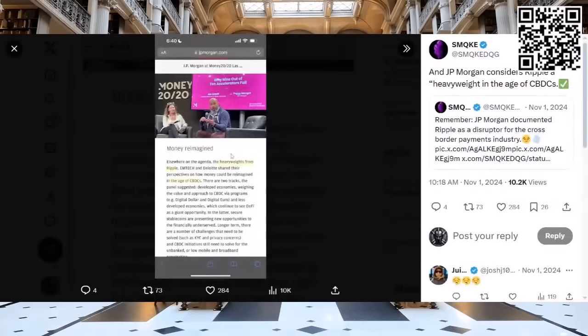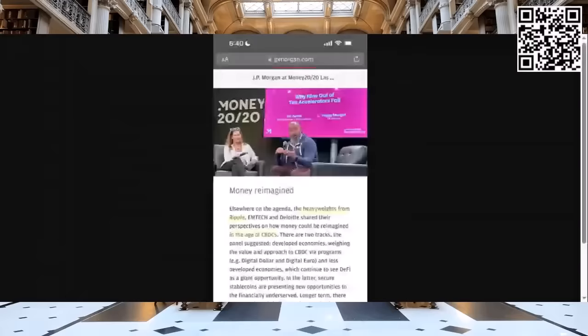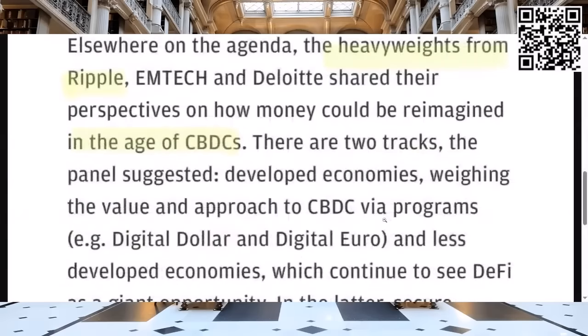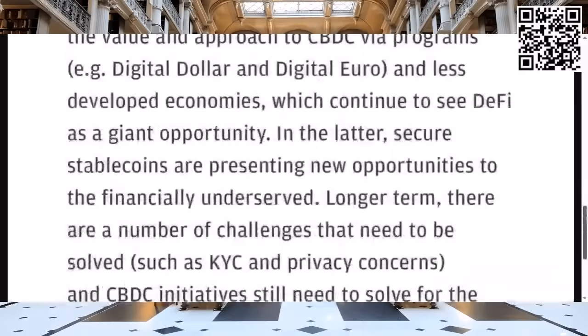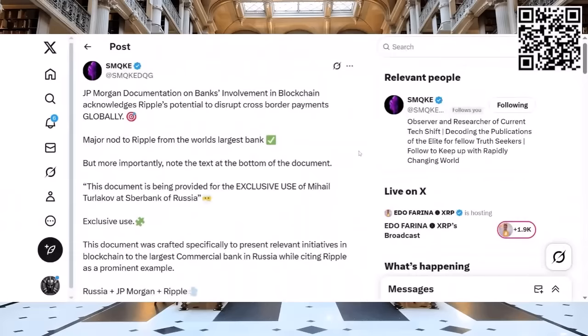Like it says here, elsewhere on the agenda, the heavyweights from Ripple, MTech, and Deloitte share their perspectives on how money can be reimagined in the age of CBDCs. When you get further into the documentation, as pointed out from Smoke, JP Morgan documentation on banks' involvement in blockchain acknowledges Ripple's potential to disrupt cross-border payments globally. Major nod to Ripple from the world's largest bank, checkmark.